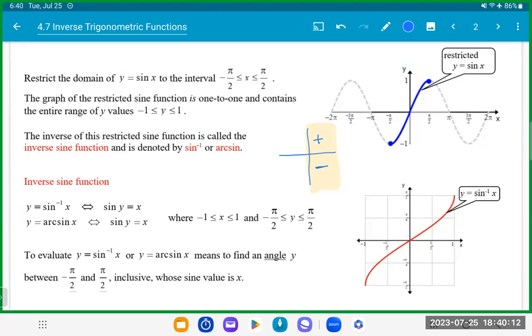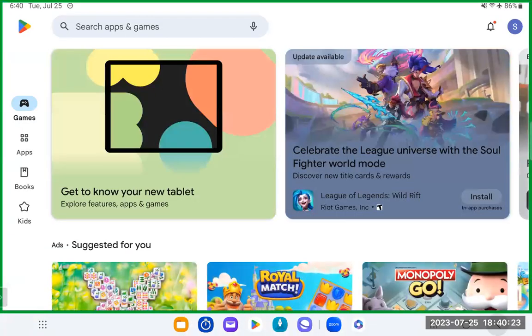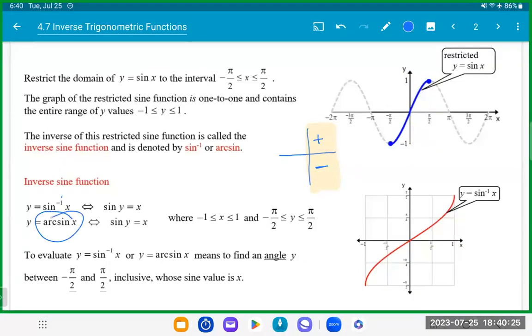Okay. So you might see it written as sine with a raised -1 power. You might also see it written as the term arc sine, okay? Arc sine and sine inverse mean exactly the same thing.